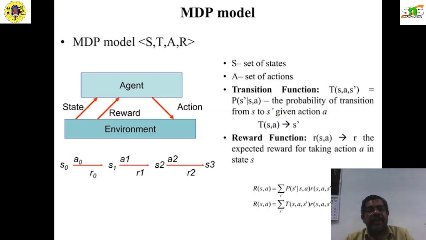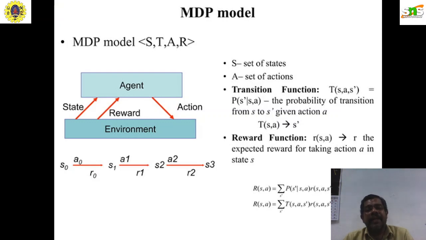In between the state and the action, we have one function called the transition function, which is called T. This is the probability of the transition. In that transition, we see how the action is performed by the agent.